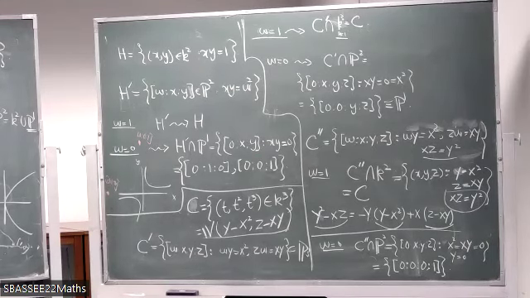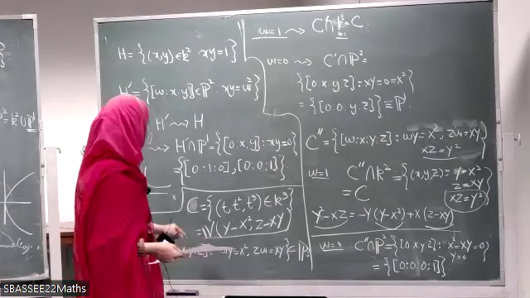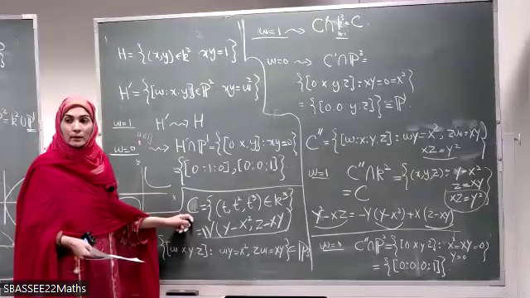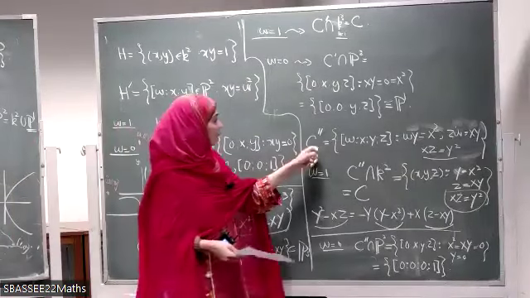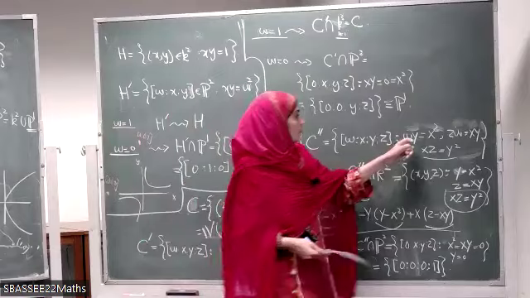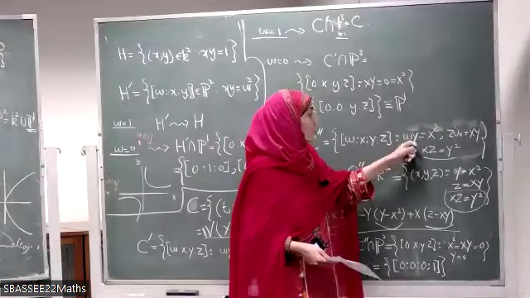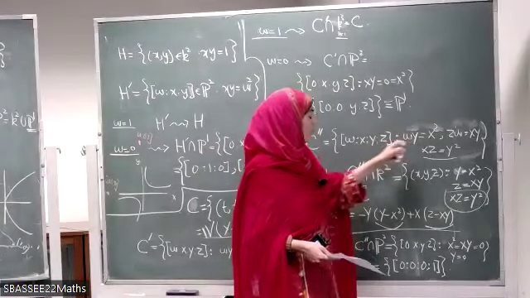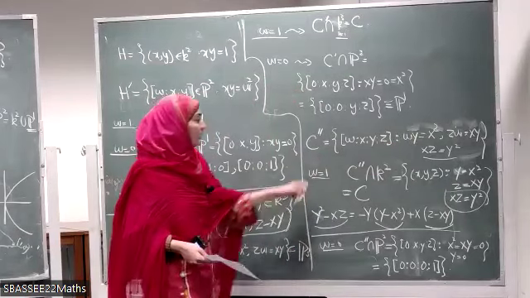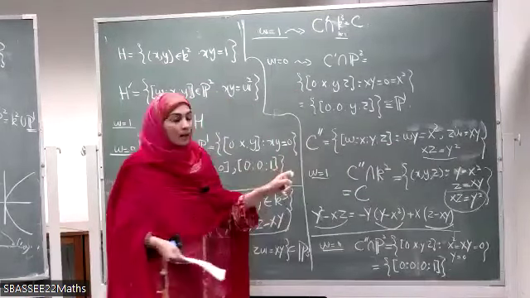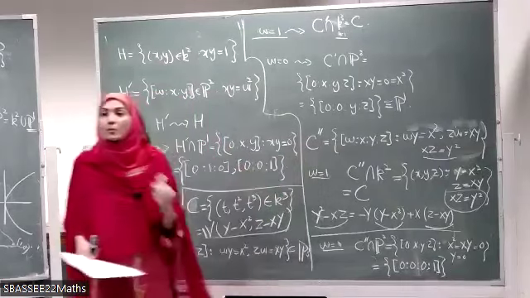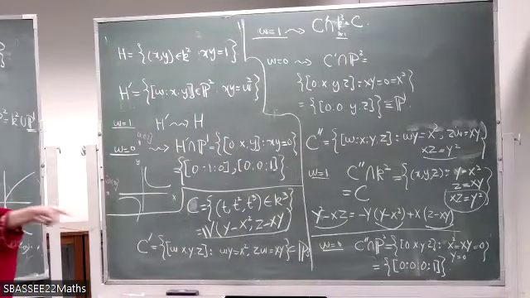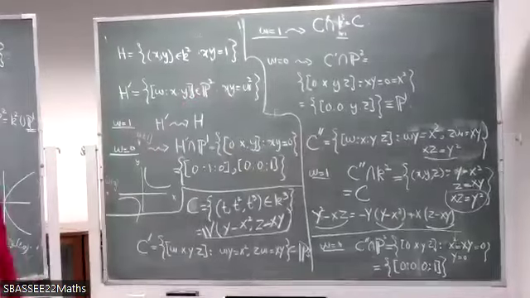Such a variety is called the smallest projective variety. If you started with this one and consider a variety in which you have homogenized all the elements of your ideal, then you will get the smallest projective variety which contains this one.